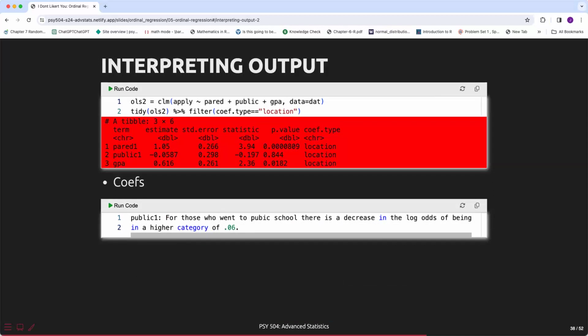What do we do if we take the exponent of this value? What is the exponent of negative 0.06? Someone want to really do that? Just enter it into the console. .94, right? What would be the percentage decrease in that case?